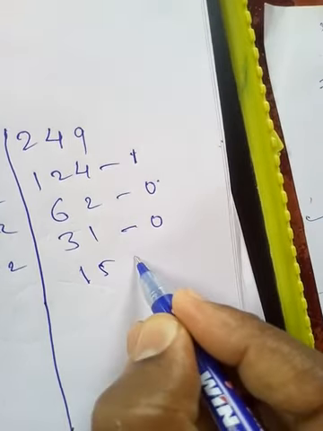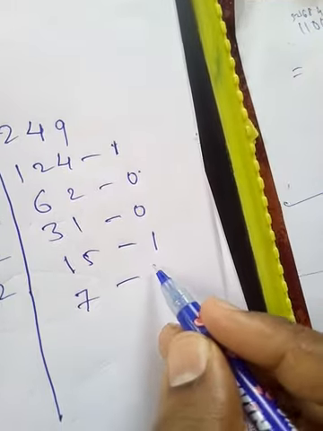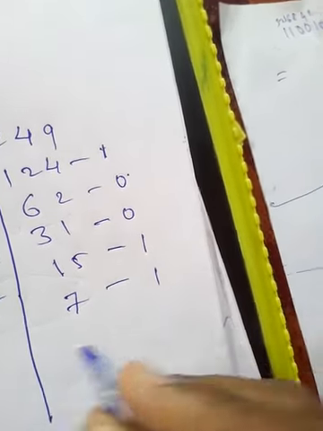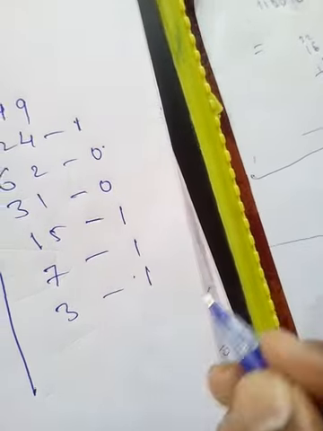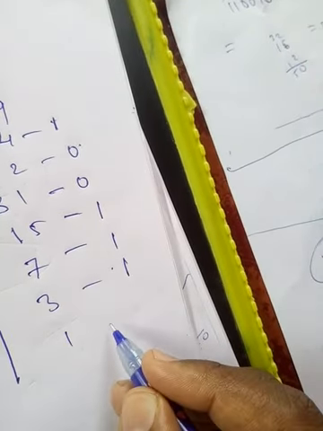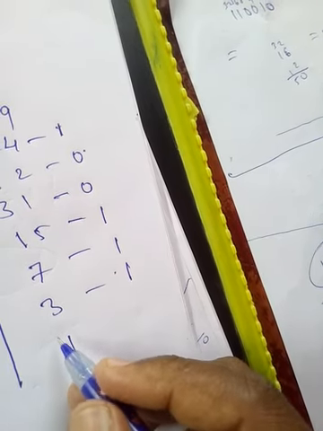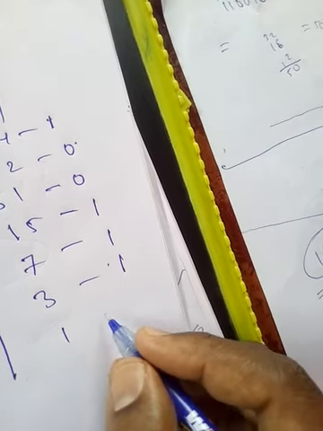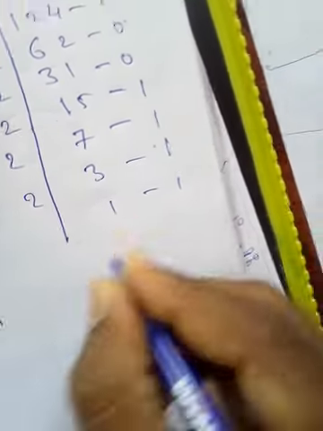Then 2 15s are 30, remaining is 1. 2 7s are 14, the remaining is 1. Then 2 3s are 6, remaining is 1. And 2 1s are 2, remaining is 1 here.